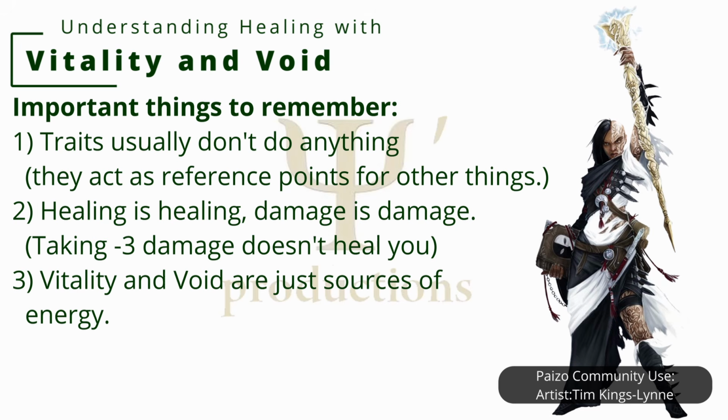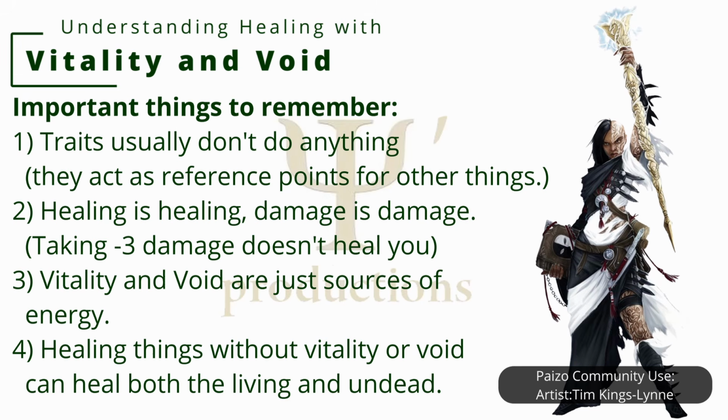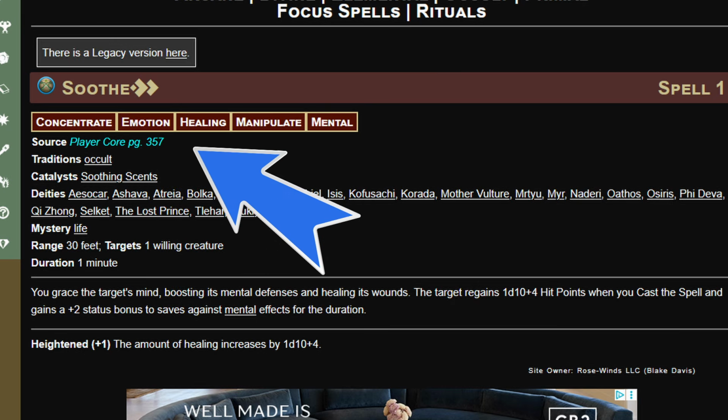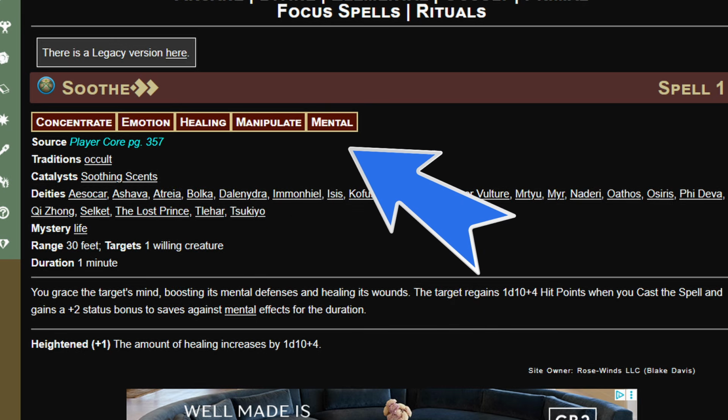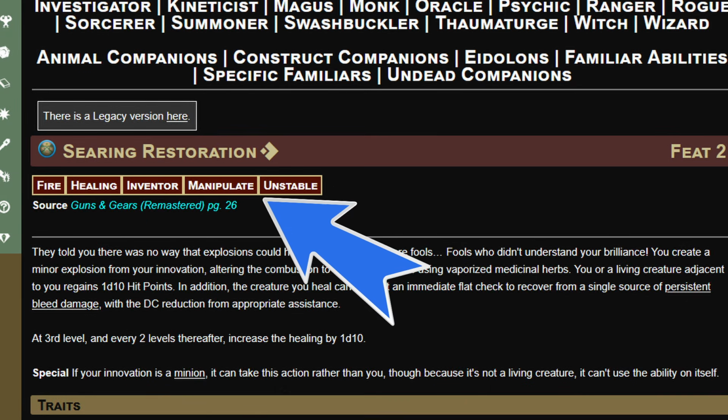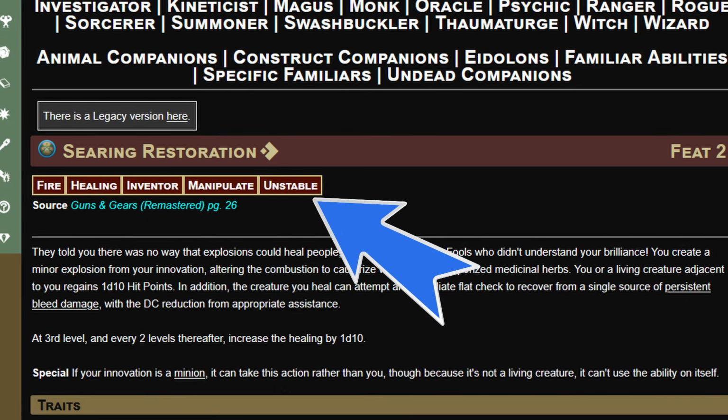One more thing before we dive into this, if a healing ability does not have the Vitality or Void trait, it will heal both undead and living creatures alike. For example, Soothe is a healing ability without the Vitality or Void trait, so it works on most living and/or undead creatures. An Inventor's Searing Restoration ability is much the same.